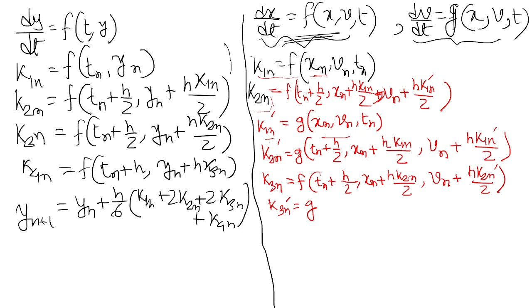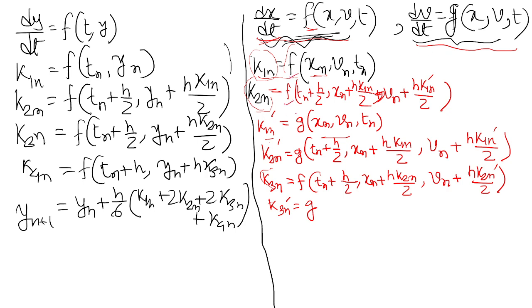So we are writing this case for this equation, and the prime ones are for this equation. Whenever we are writing k1n, k2n, k3n, we are using the function corresponding to the equation of x, so that is why we are writing f here.